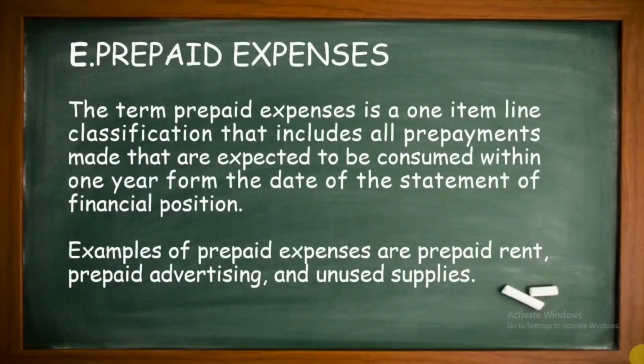Isa pang example is unused supplies. So, yung unused supplies is a current asset na di pa nagagamit. Supplies, example is office supplies like notes, like notebooks, folders na hindi pa nagagamit. Pero once na nagamit mo na ito, magiging supplies expense na siya.